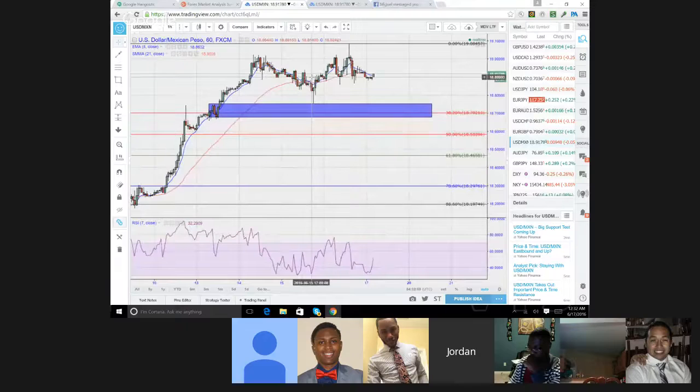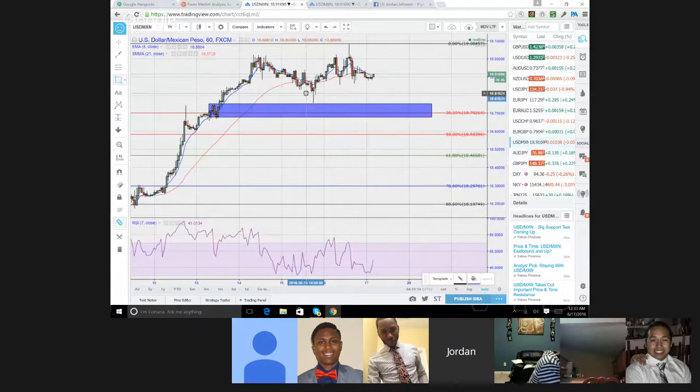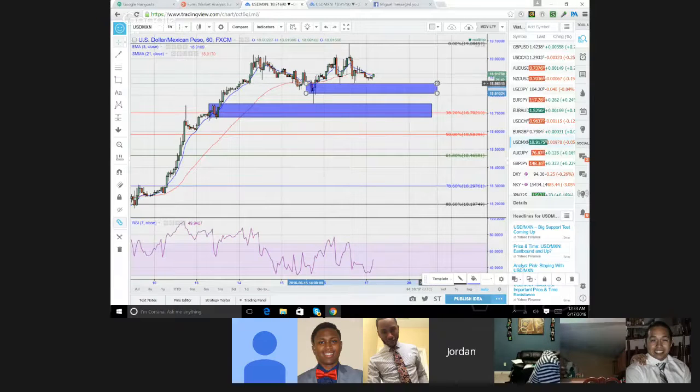As of right now, we have very big divergence on dollar peso. We might get a drop back into structure, but ultimately I am expecting a higher high and higher close. Another minor level of structure we could pay attention to is this level down here, to see how price reacts to this.